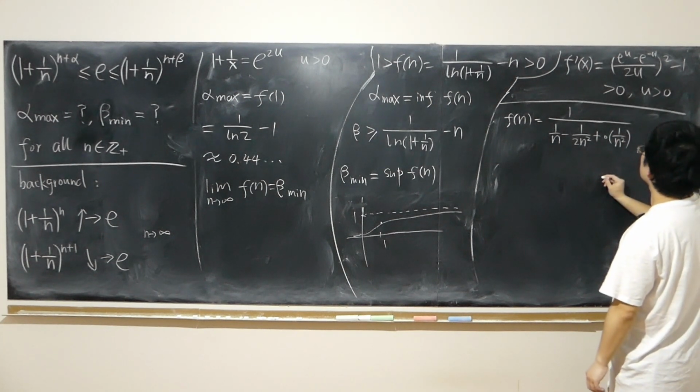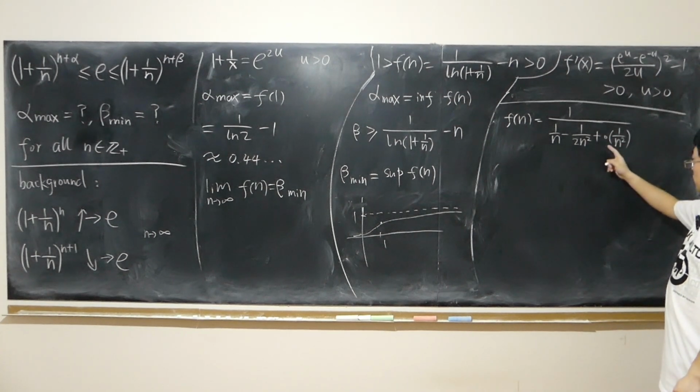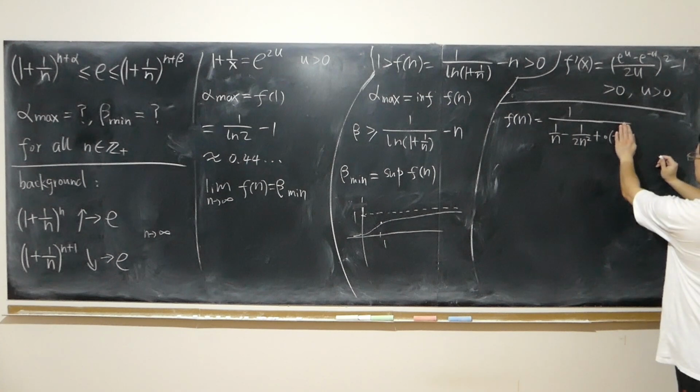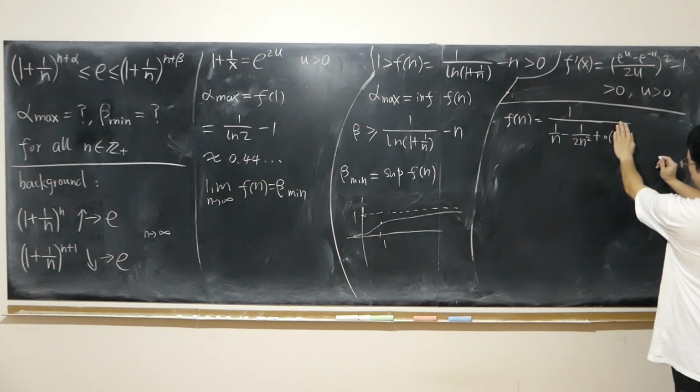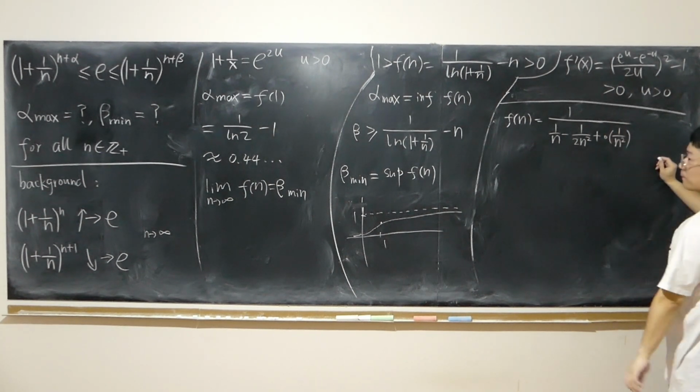So what does little o mean? You can treat little o as a sequence that's approaching 0 as n approaches infinity, multiplied by 1 over n squared. So the whole term approaches 0 faster than 1 over n squared, intuitively.